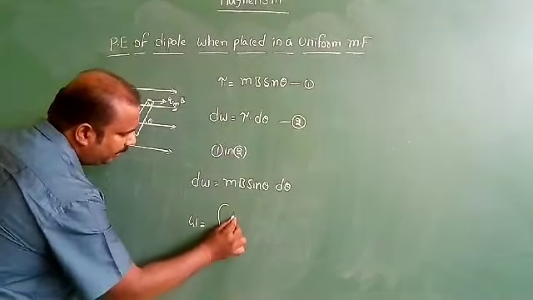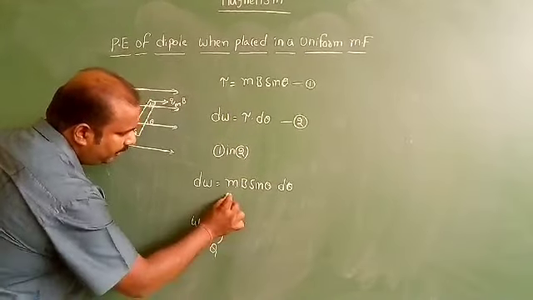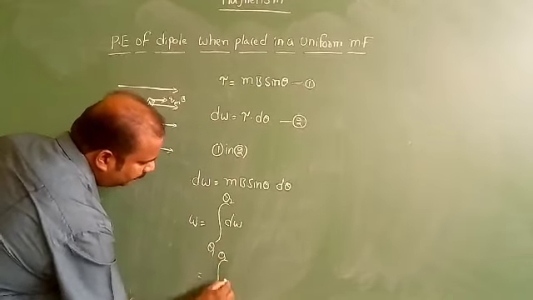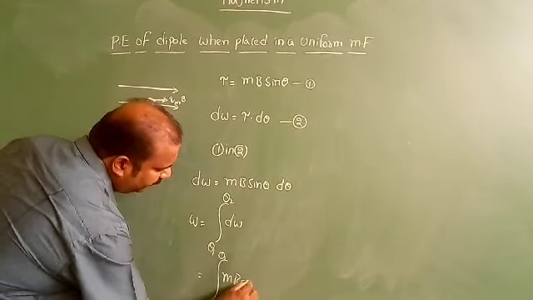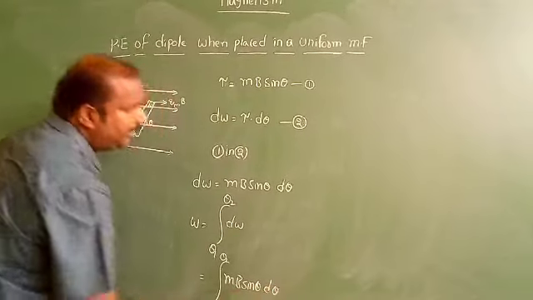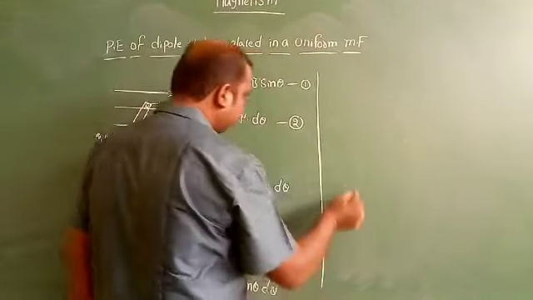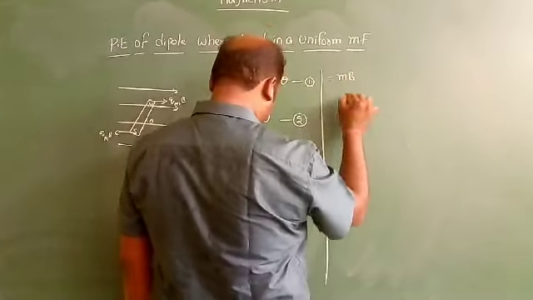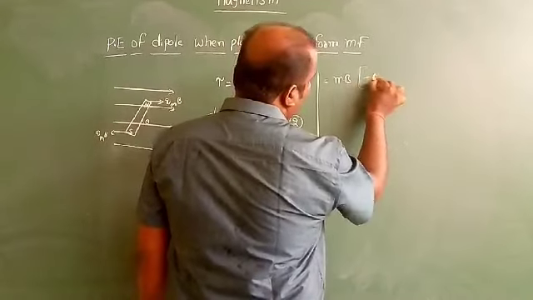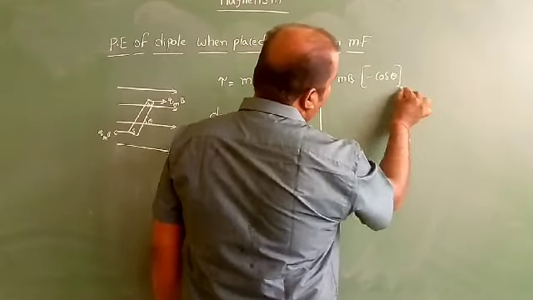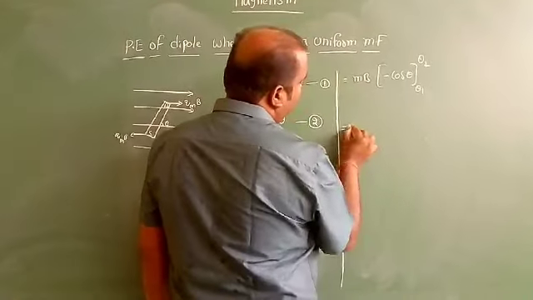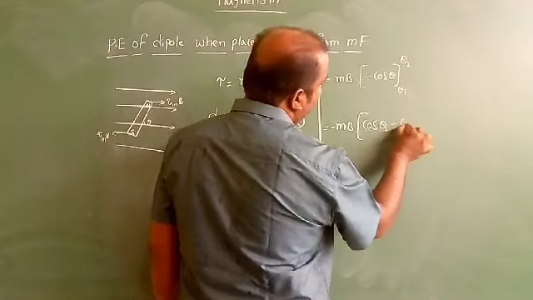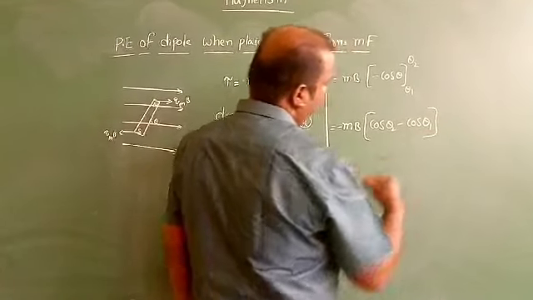W is equal to the integral of dW from theta 1 to theta 2, that is the integral from theta 1 to theta 2 of mB sin theta d theta, which gives mB into minus cos theta from theta 1 to theta 2, that is minus mB into cos theta 2 minus cos theta 1.